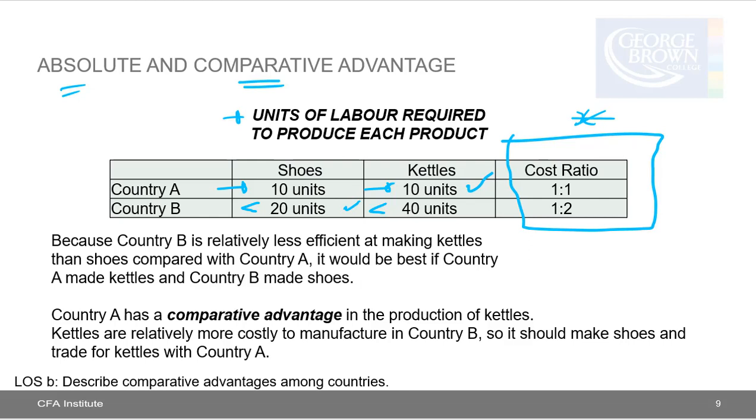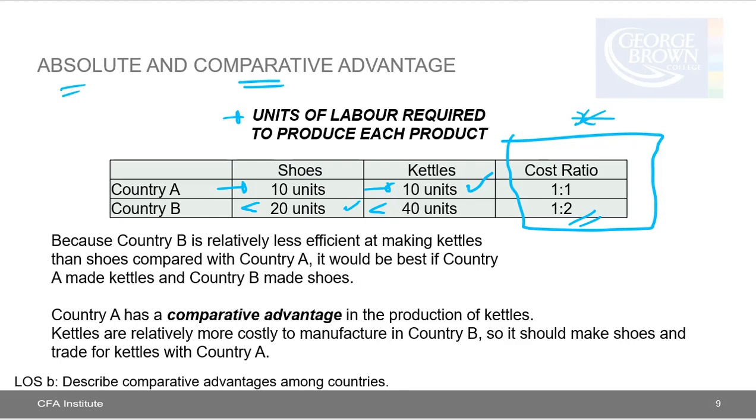In contrast, it takes twice the number of units of labor to produce kettles than to produce shoes in country B. You can see 40 units here to produce a kettle of labor, 20 units to produce the shoes. Thus, making an additional kettle requires giving up the production of 2 pairs of shoes in country B. The foregone opportunity cost to make an additional kettle is less in country A, 1 pair of shoes, than in country B, 2 pairs of shoes.